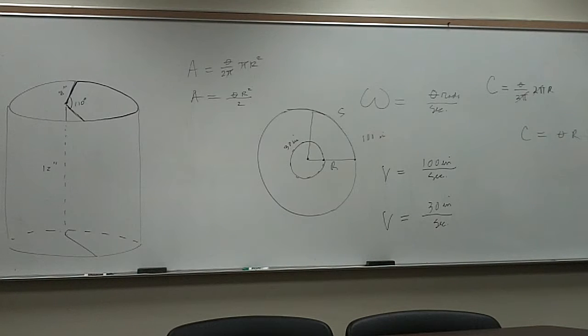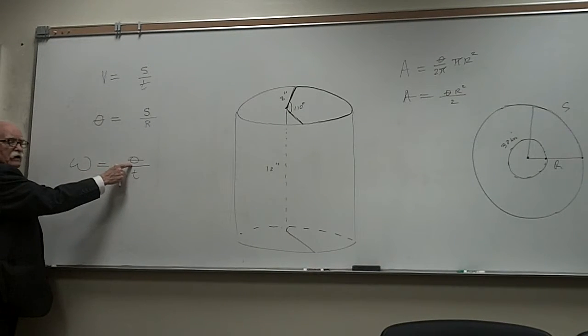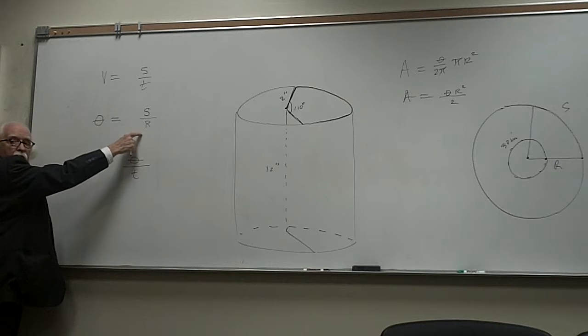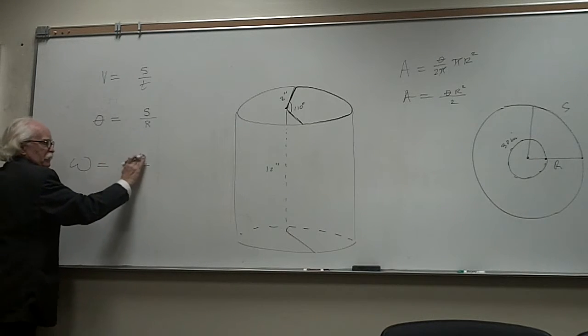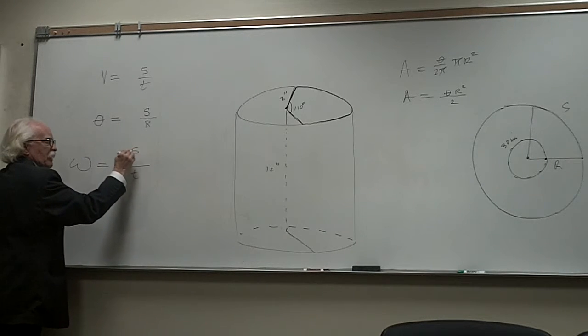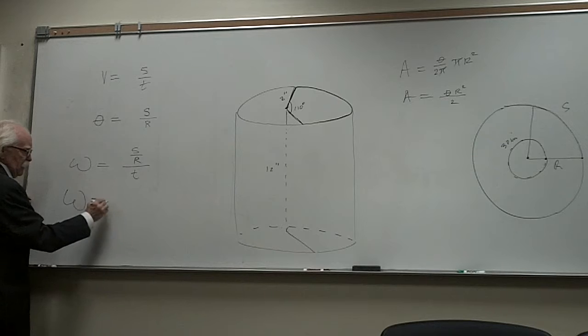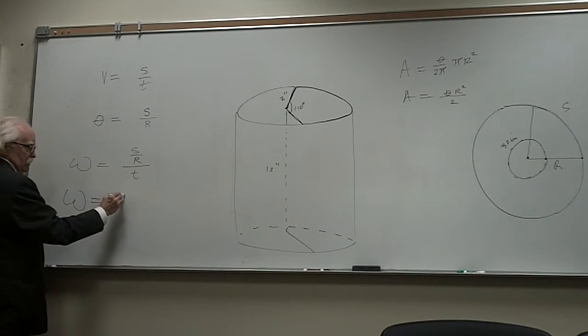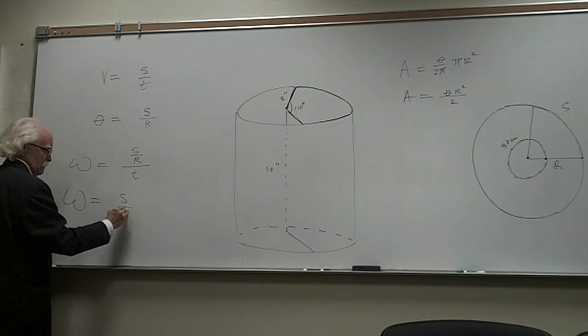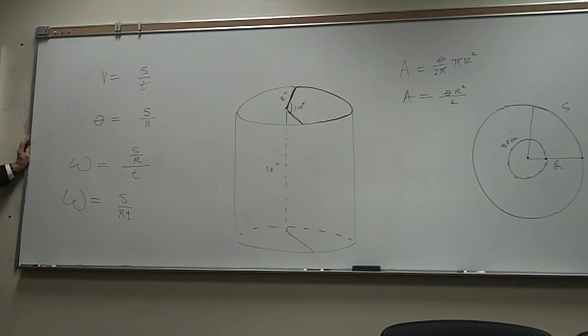But look at this. What is this right here? Guess what I'm going to do? I'm going to replace this. Everybody see that? So omega becomes this. Look at this, everybody.